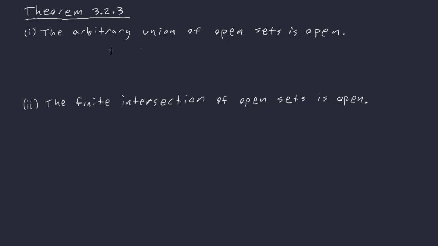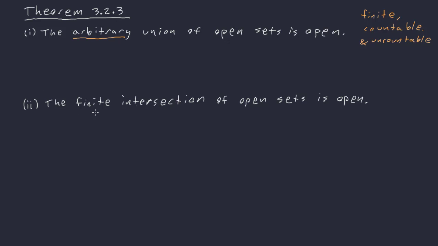Now, arbitrary basically means it's true for finite, countable, and uncountable. Okay, so in other words, we can take an arbitrary collection, either a finite number, countable, uncountable, however many. You take that full union of all these open sets, you'll get back an open set.